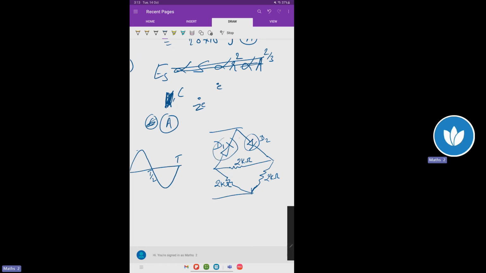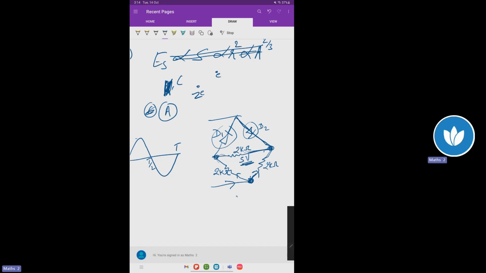So there will be no current through D1. Current will pass through here and here. So 10 volt is across these 2 points. Peak value is 10 volt, so peak value across 2 kilo ohm is 5 volt. And for negative half cycle, this is in forward bias, so again current will flow through this. Again 2 and 2. Peak value is 5 volt. So answer is peak value of output voltage is 5 volt.